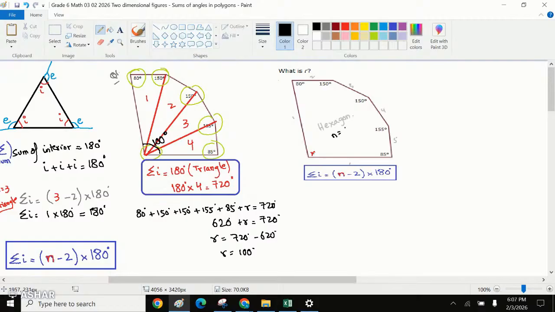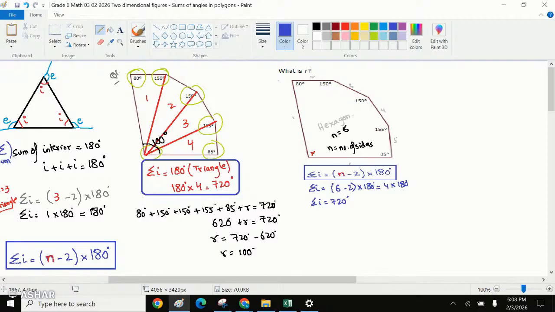There are 6 sides, because n is equal to the number of sides. Agreed? So if we put 6 minus 2 into 180, can we say 4 into 180? So can we say the sum of interior angles comes out to be 720, right?